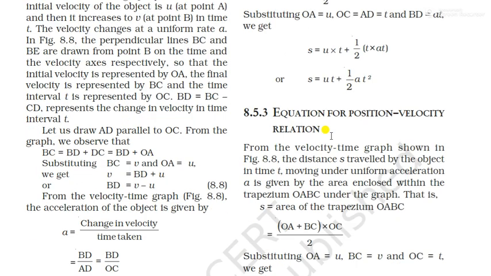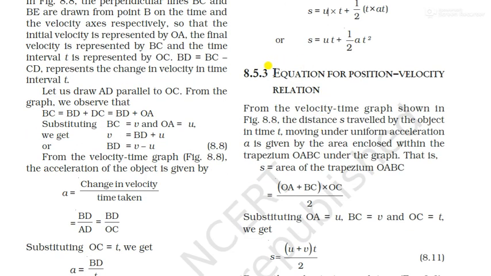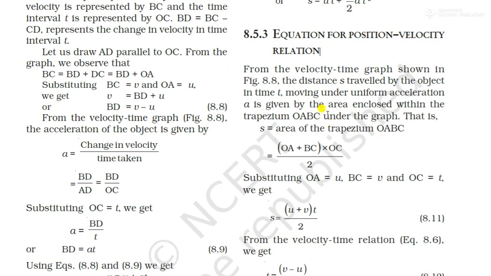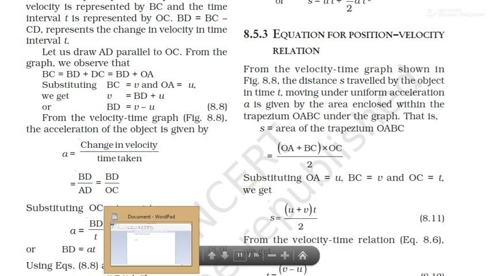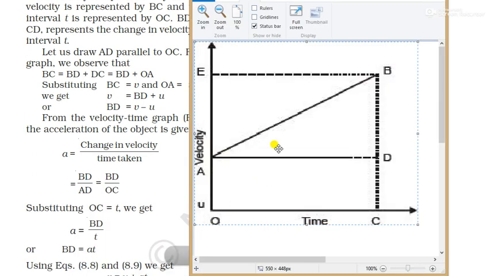Okay, now come to the last one, equation 3, position and velocity relation. It is very similar to the second equation of motion. Let's see again. Again, the distance can be obtained by the area of this figure, trapezium ABCO.